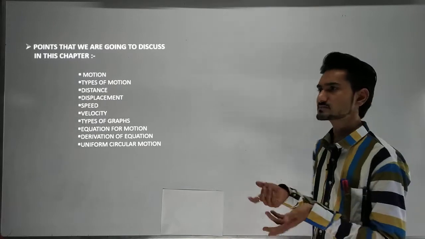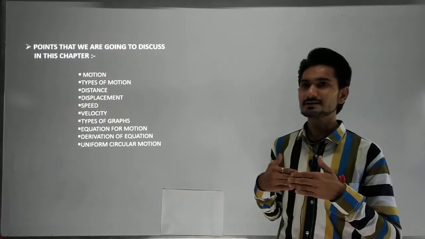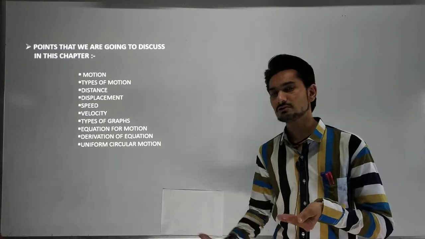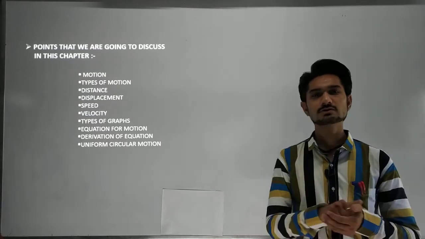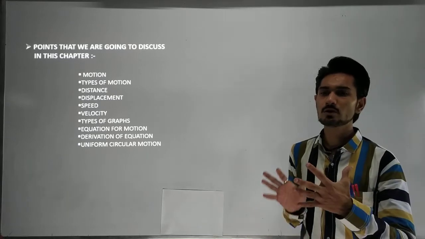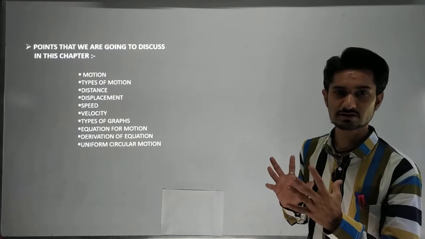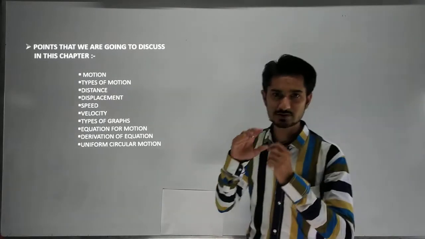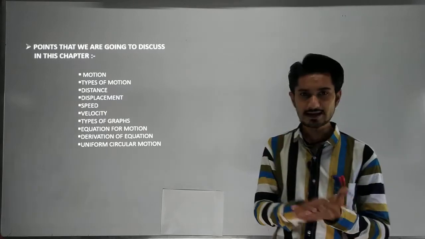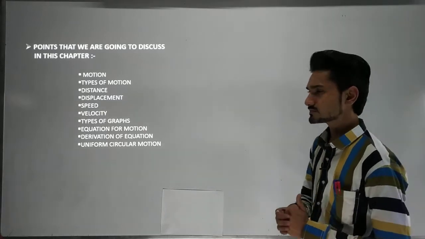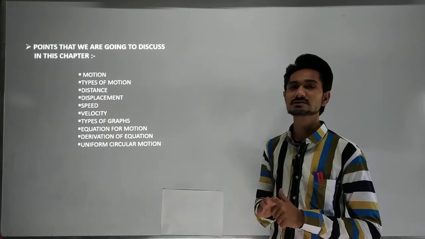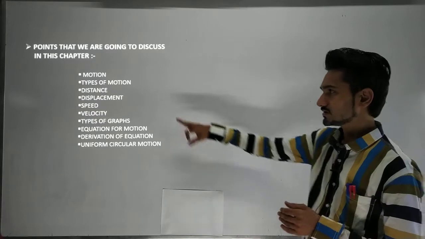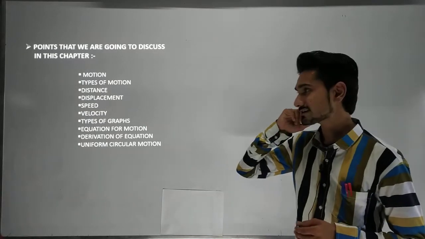If I want to explain it to you, I have to give you the direction: my first place is in the north direction, then I came back to the south direction, then again I go to the north direction, and now what is the change of my position? Can you measure that? If you measure that, it gives us the displacement. How did you measure it? Because I have given you the direction. From that perspective, we can say that displacement is a quantity represented by both direction and magnitude, so it is a vector quantity.